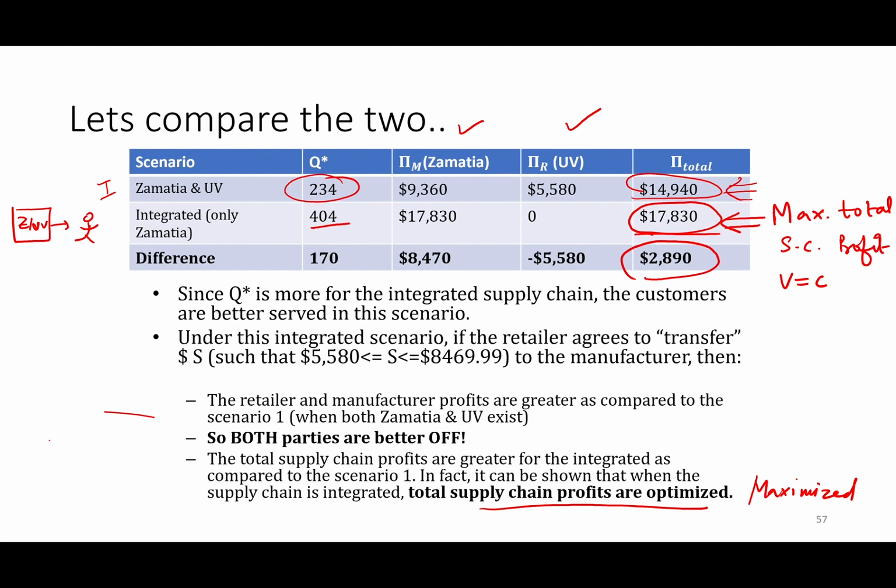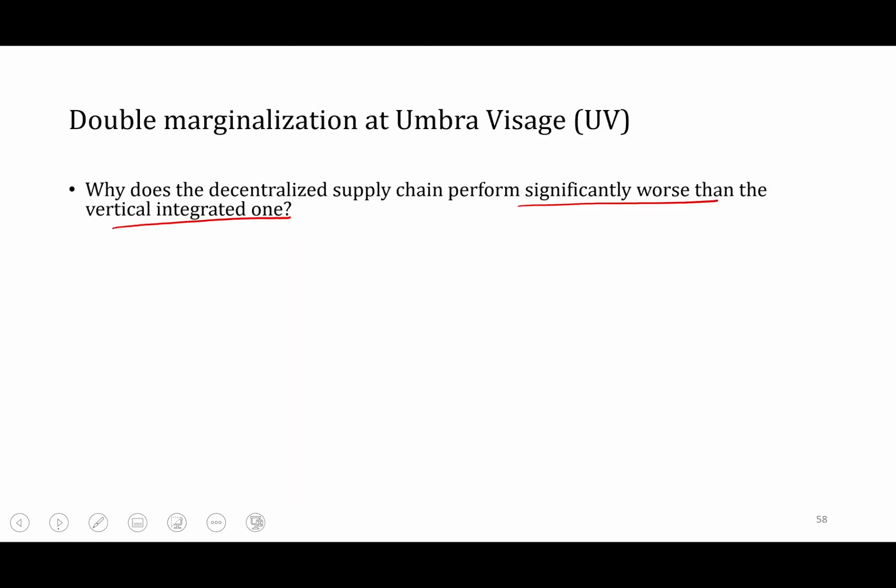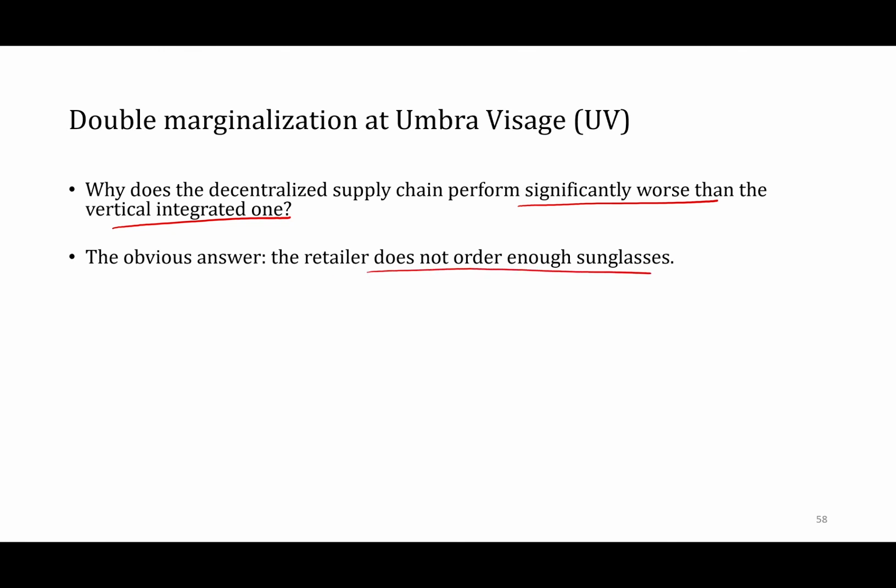And also there is a difference of 170 units in the amount of material that Zymatia sells to the end customer. Here they're only having 234 on hand, and here they're having 404 on hand. Okay, so they're clearly doing worse. And the obvious answer is because the retailer does not order enough sunglasses.